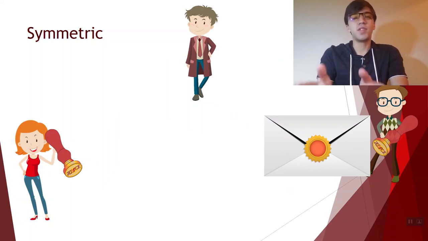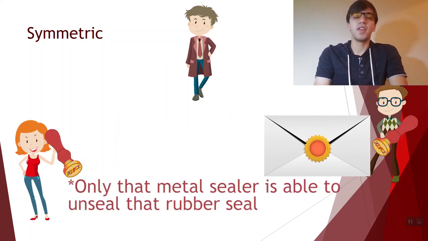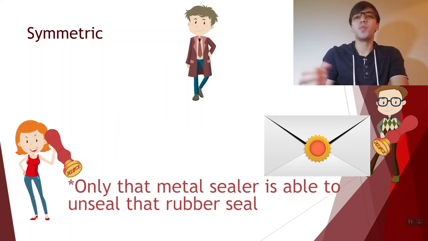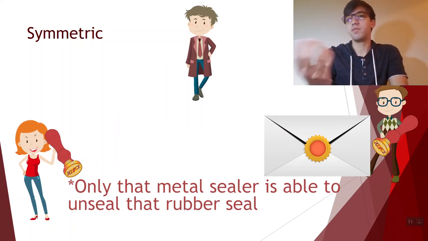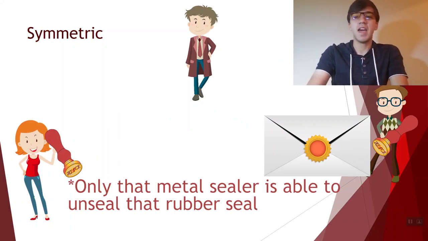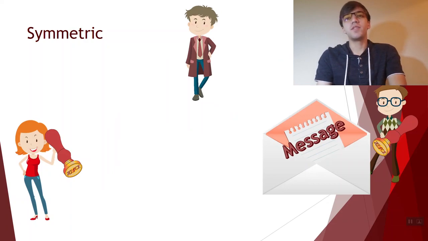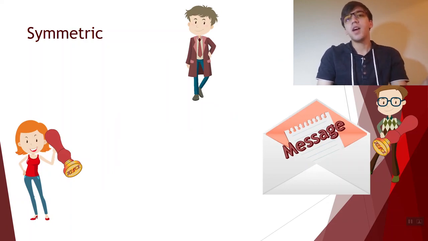I know it doesn't make a whole lot of sense with the analogy, but for this case, just understand that the seal can only be opened by the metal seal that created it. Because Bob has Alice's key, he's able to open up that message.